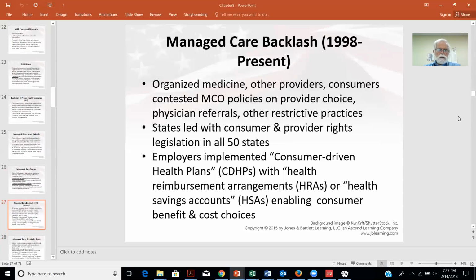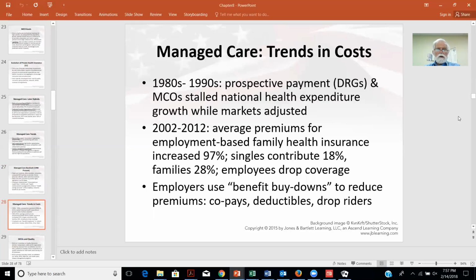Backlash. There are many restrictive practices to these managed care organizations, limiting who you can see, arguing about what kinds of procedures or drugs or whatever will be paid for. Many problems with that. We have seen inflation in the market, even under the prospective payment, which is the DRG stuff.